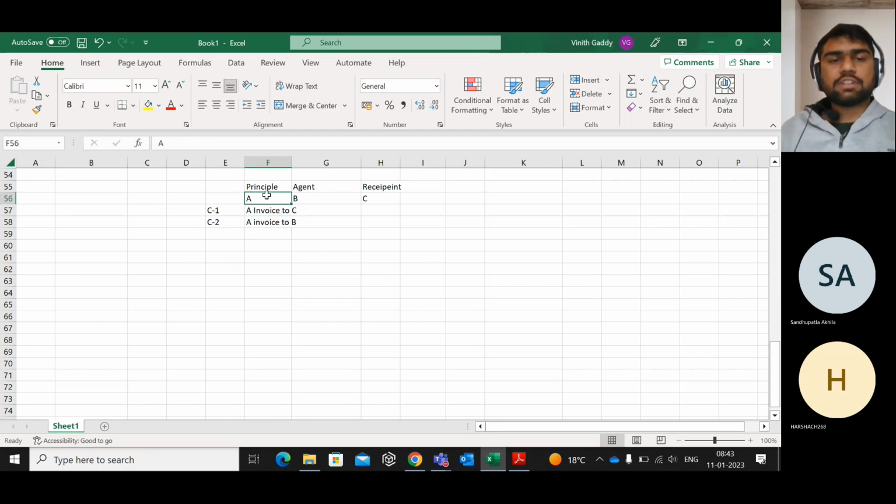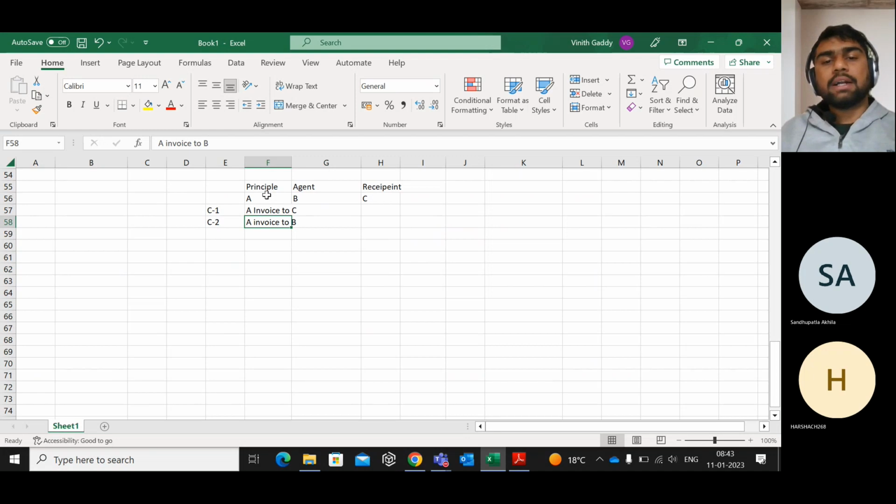A will transfer some goods to B to sell to C. Here also, as in case 1, for selling goods to C, A is giving an invoice to C, but first A transfers goods to B and B will give to C. A will transfer goods to B and B will in turn supply the goods to C. This is scenario 1. In scenario 2, A will transfer goods to B and B will transfer goods to C.